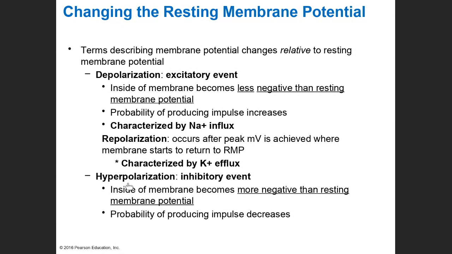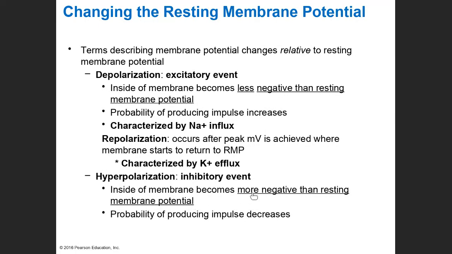Now, there's another little phenomenon that occurs during the action potential, and it's called hyperpolarization. This is considered an inhibitory event, and it will be important for you to understand what is causing it. Well, what is it first? Hyperpolarization is when the inside of the membrane becomes a little bit more negative than resting membrane potential.